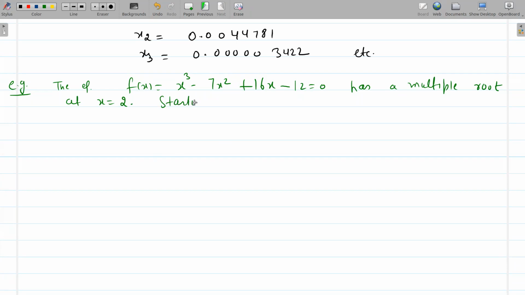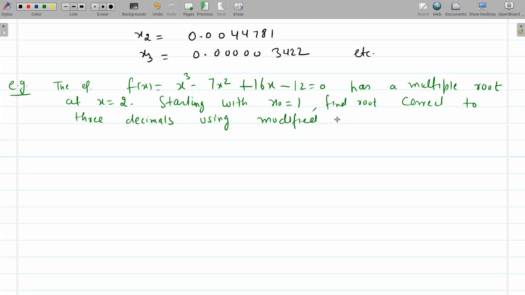Starting with 1, find the root correct to 3 decimals using modified Newton's method.